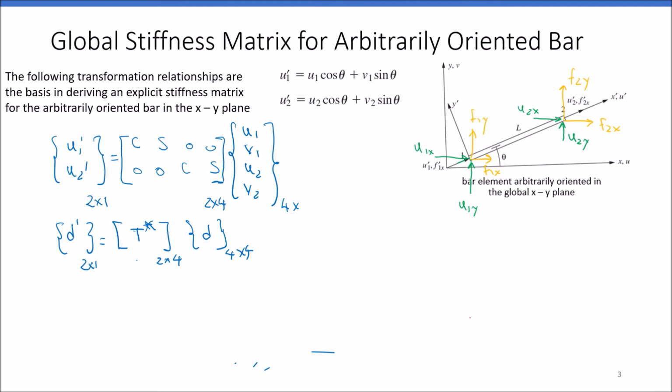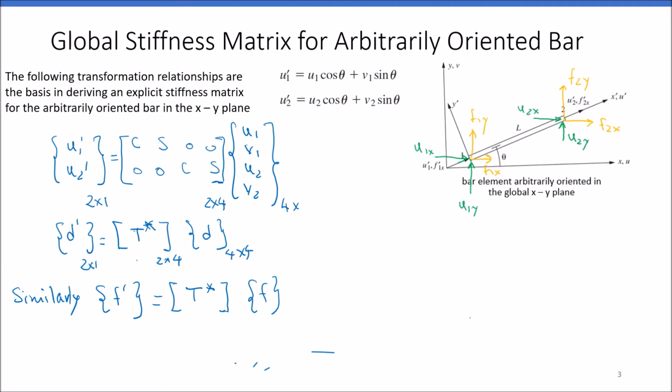Similarly, we can relate F prime to F via the same transformation matrix T star.